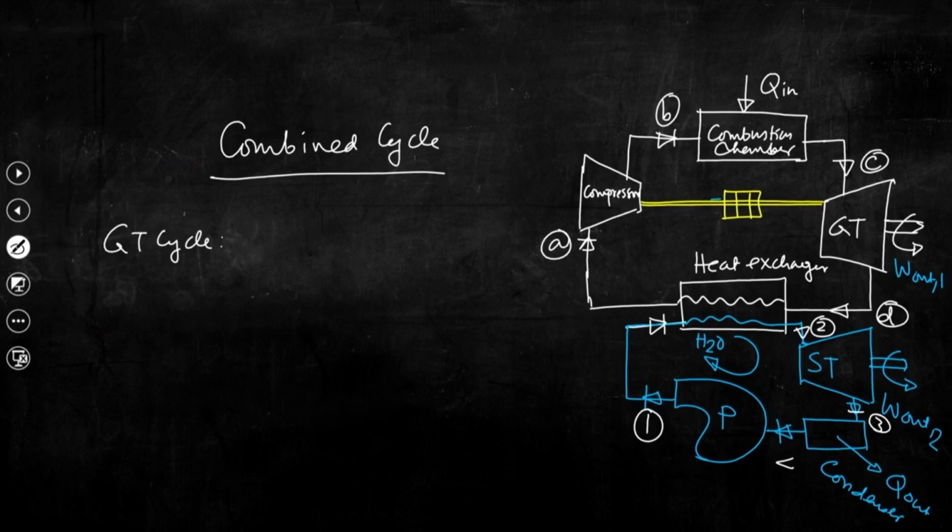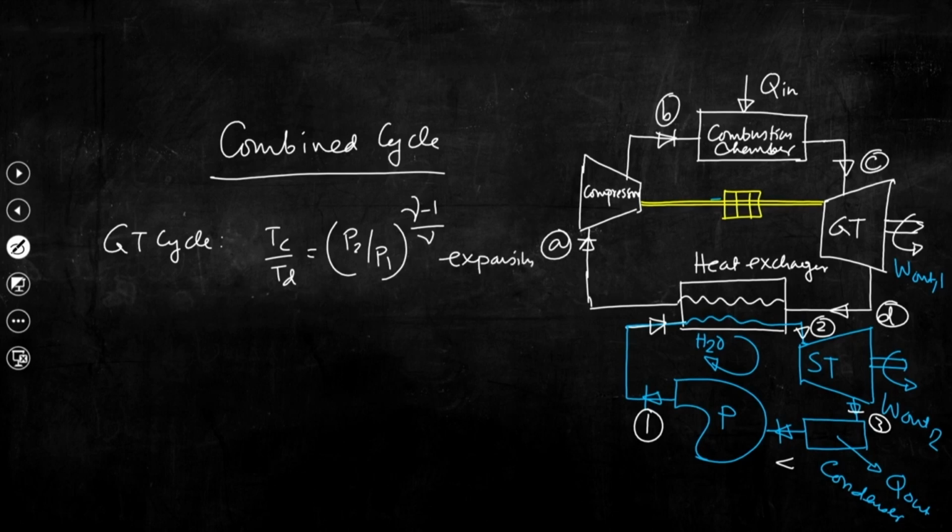So, for the gas turbine cycle we can write Tc by Td, that is expansion, equal to P2 by P1 to the power gamma minus 1 upon gamma. So, this is the expansion process inside the gas turbine. As I said, gamma for compression may not be equal to gamma for expansion, because we are adding a certain amount of fuel here in real applications, and hence gamma and Cp will change.